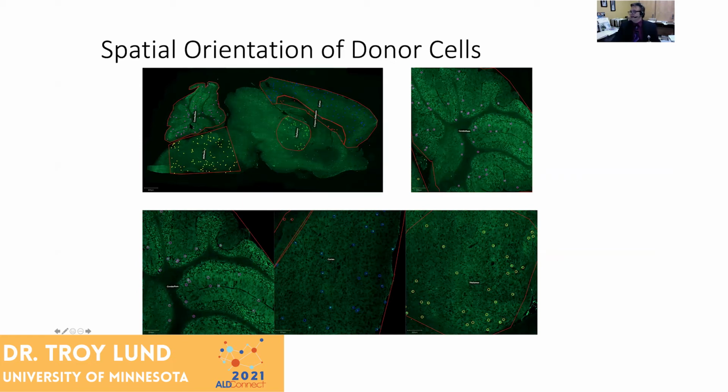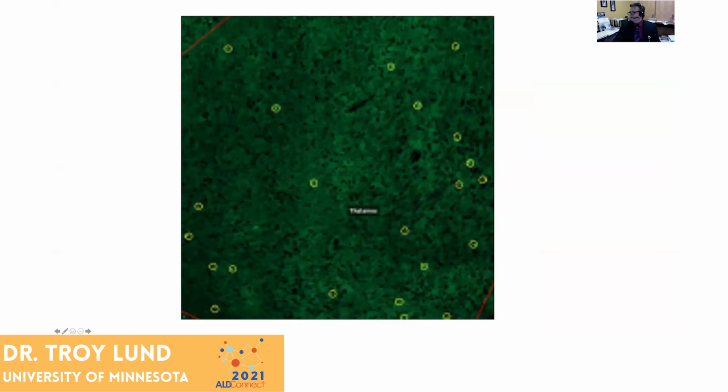We can then analyze where the cells are going, which was our next question. This high mag view shows, I'm not making it up: the circle is our drawing, and the little green dot in the middle is the engrafted donor cell. So we identified all these donor cells and then counted them by hand.